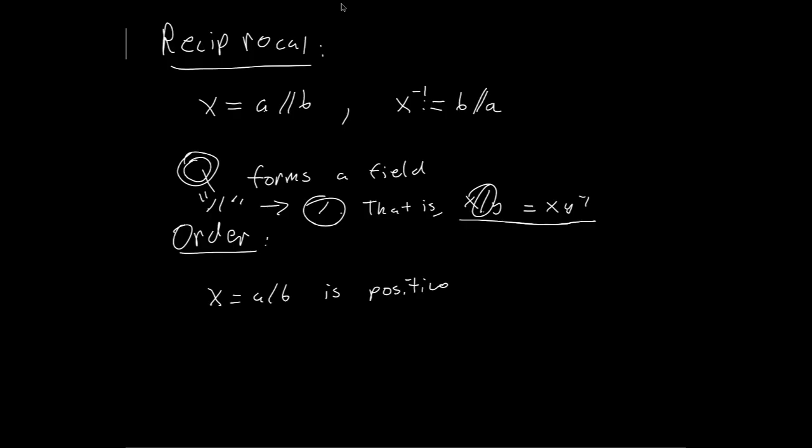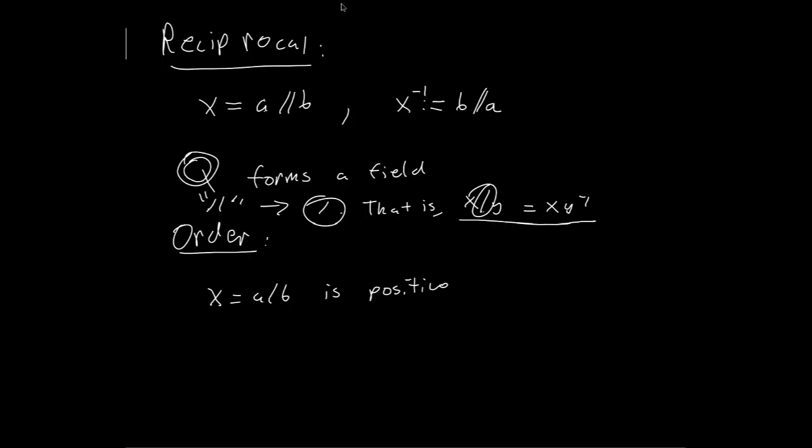So for ordering, we can say, oh, x equals A on B is positive for positive integers A and B, and negative if and only if x is equal to negative y for a positive rational y.